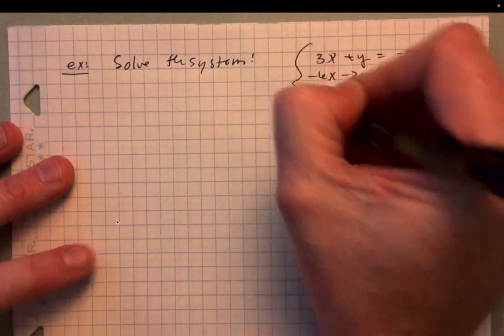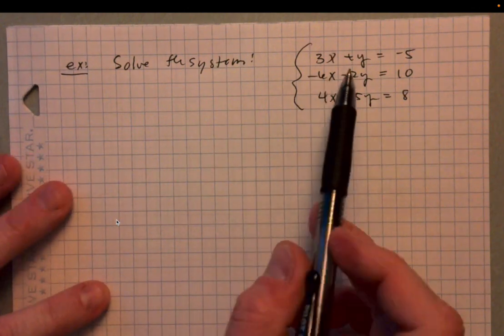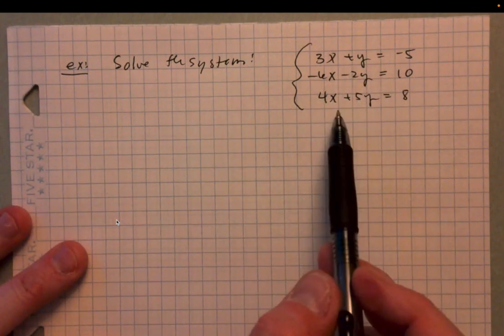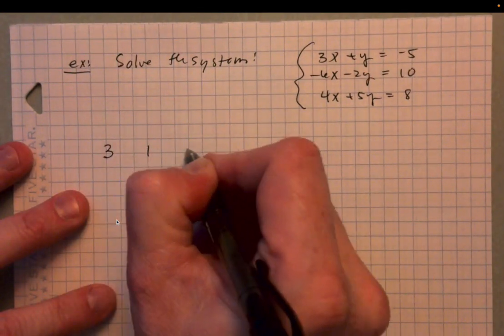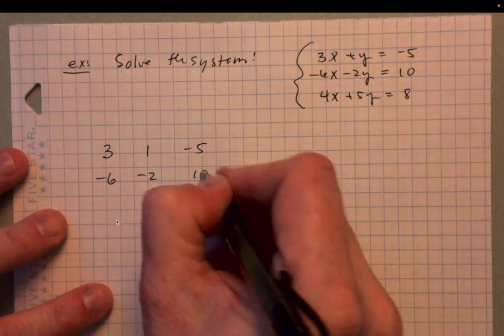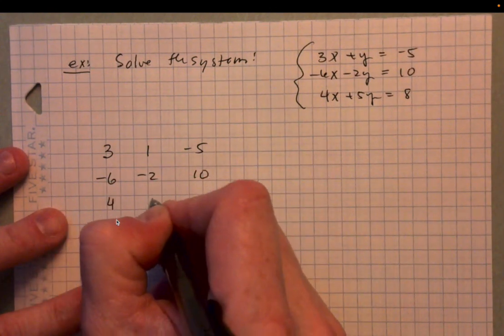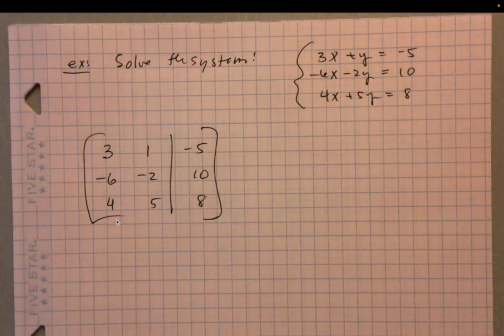So here's our system. We want to solve the system using Gaussian elimination. Okay, and so let's start by writing out the augmented matrix. So 3, 1, -5, -6, -2, 10, 4, 5, and 8. All right, so here's our augmented matrix.